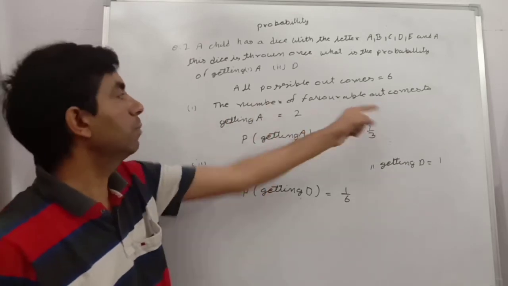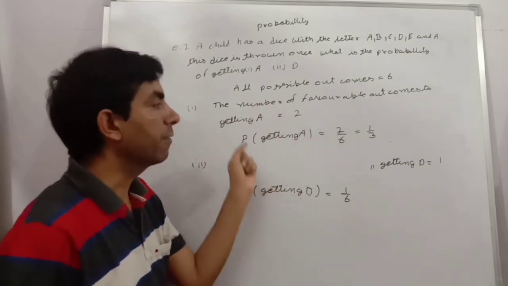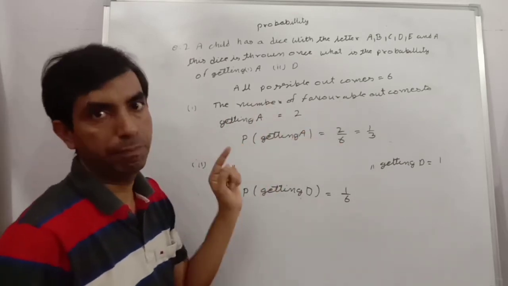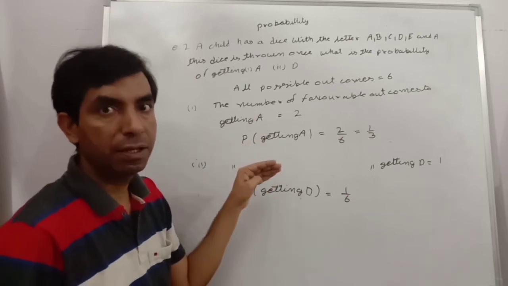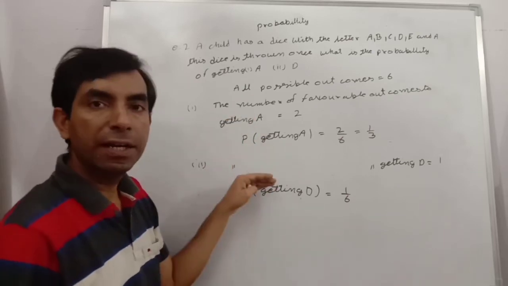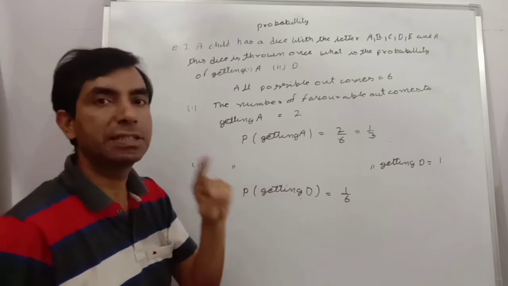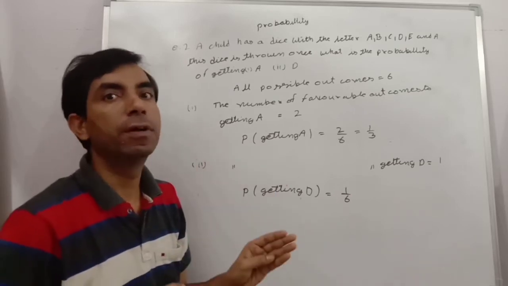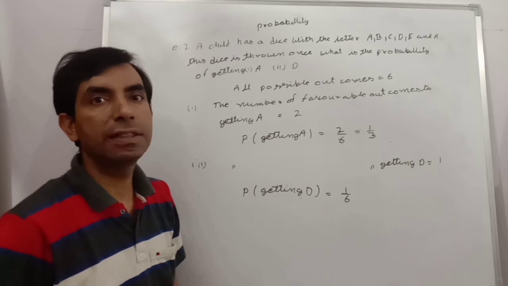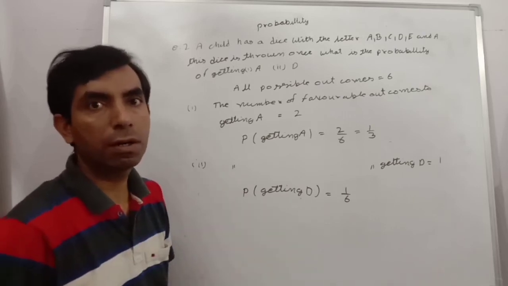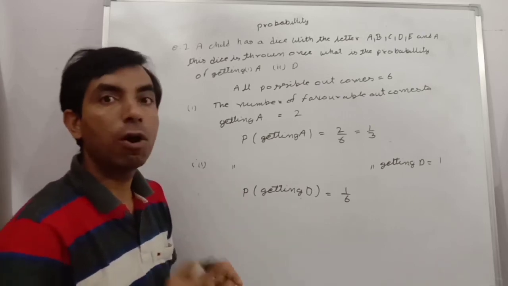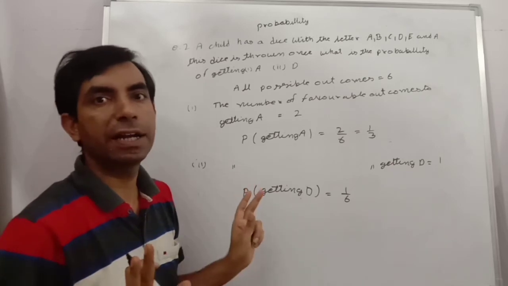And the number of favorable outcomes is written separately. This language repeats each time in all parts, so we can write it every time in examination if it is a lengthy theoretical paper. But if it is an objective question, we do not write any language.